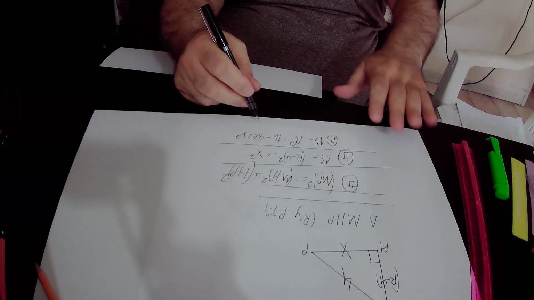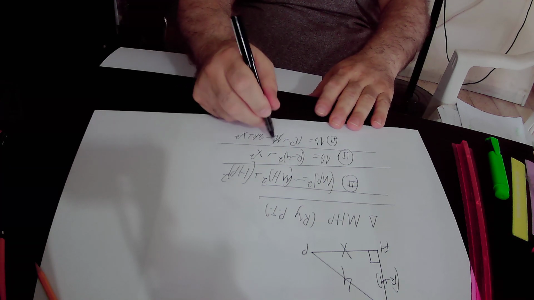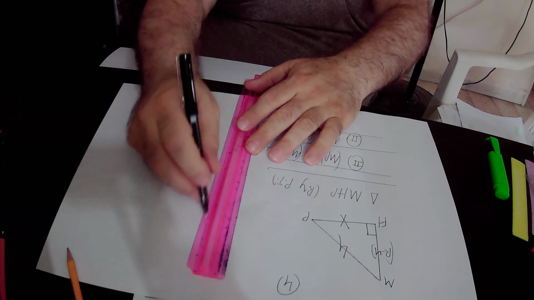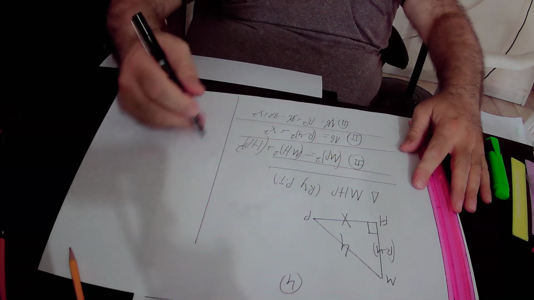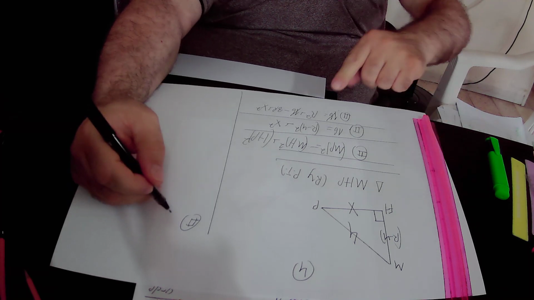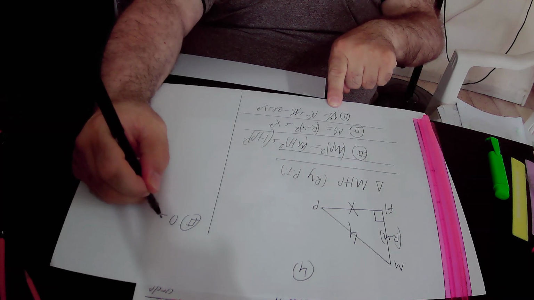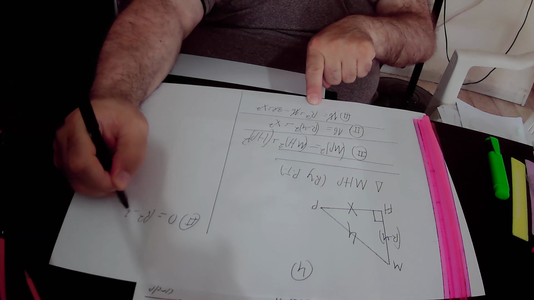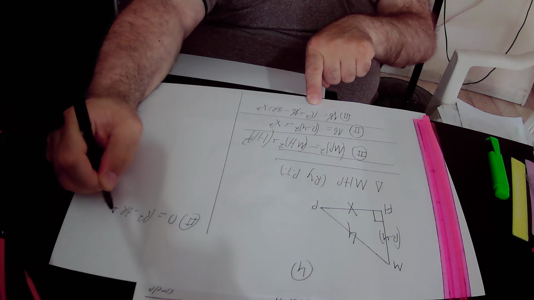Here we have 16 on both sides of the equation, so 16 will get cancelled. And what is left from equation number 2 after we cancelled 16? On this side of the equation we have 0, that equals R squared minus 8R plus X squared.